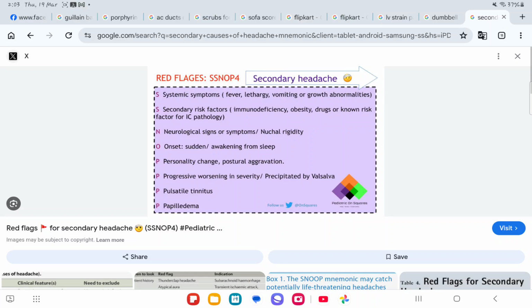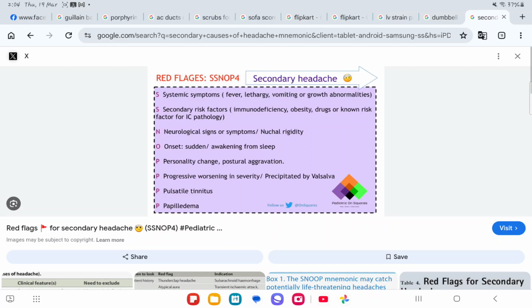Vomiting shows raised ICP. Then secondary risk factors: immunodeficiency, obesity, drugs, known risk factors for intracranial pathology, like old age. Then neurological signs or symptoms: nuchal rigidity, sudden onset, awakening from sleep, after a trauma. Then headache causing personality change, postural aggravation.